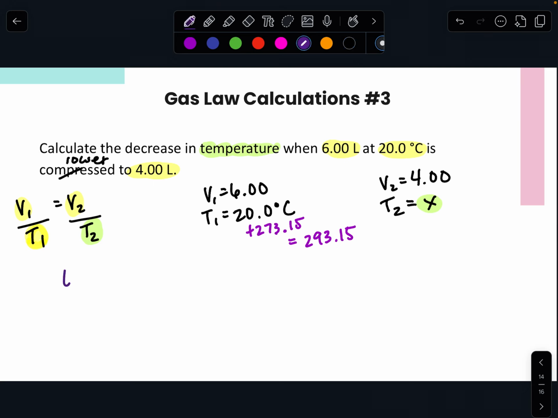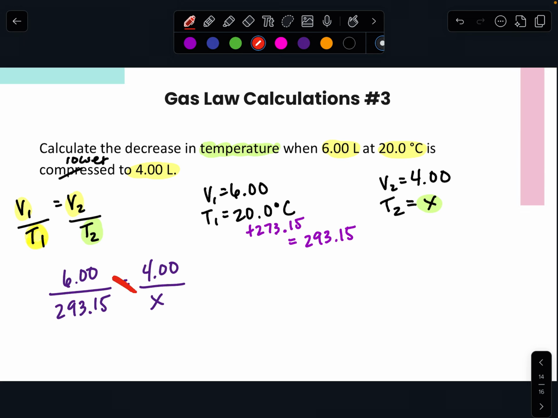So V1 is 6. T1, remember, is 293 because I converted it. V2 is 4. And then T2 is the X. The easiest way to solve this is to cross multiply. So we'll do a little refresher. It doesn't matter which way you go first, but it's all going to end up the same.